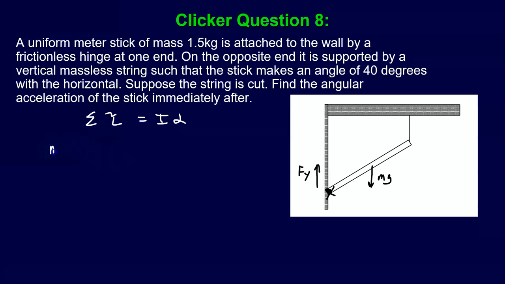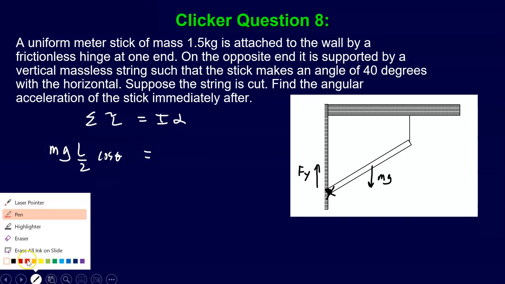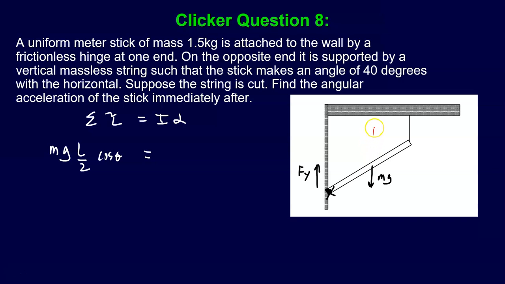All right. And so what I'm going to go through then is figure out my torques. Over here, my torque in this case would be mg L divided by 2 cosine theta. This is the same torque we found a little bit ago, and it's the same idea. If I draw my line of action through here, then this distance is our moment arm.